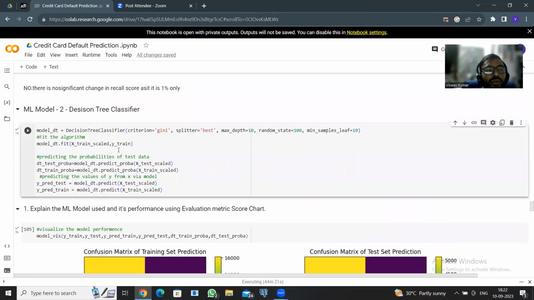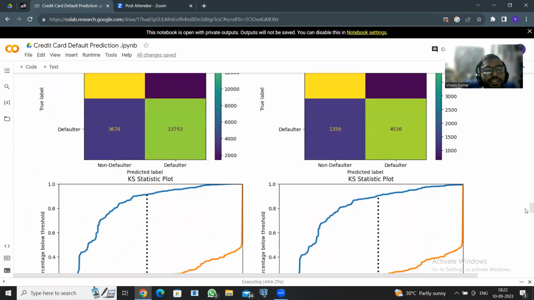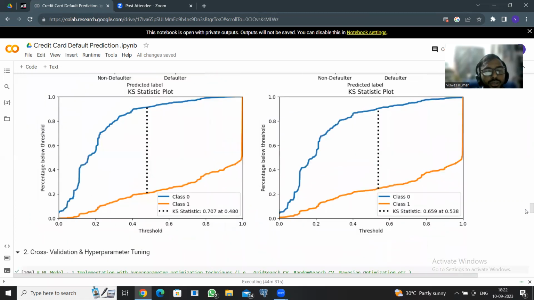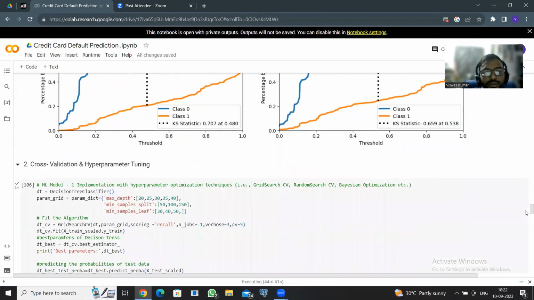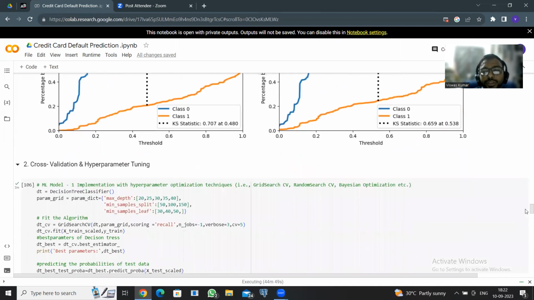I fitted the model, and by implementing the decision tree, I can see the confusion matrix and the KS statistic plot, which is 70% with the KS score. It starts to segregate from the fifth bin or fourth bin, I think. This is the training data KS statistic plot, and this is the test data KS statistic plot, which is pretty good.